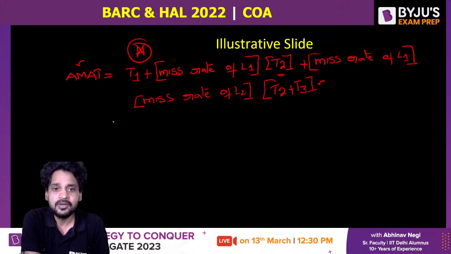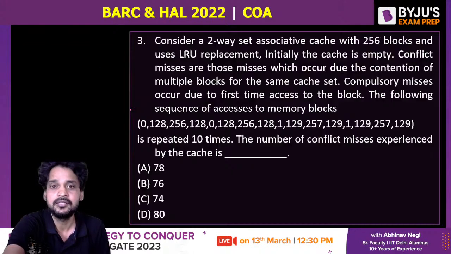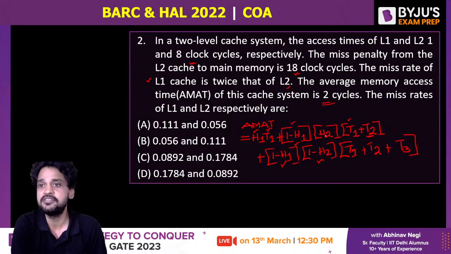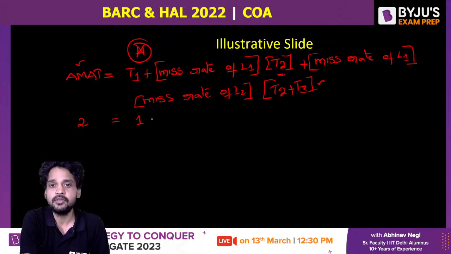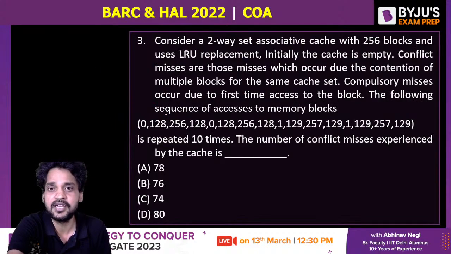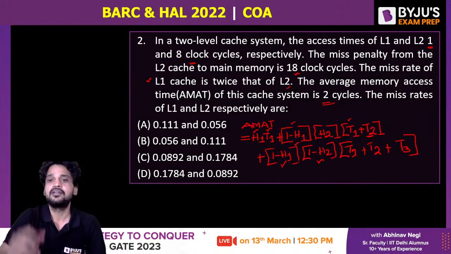So now calculating this will be very simple. Average memory access time is given as 2. Now what is T1? Let me go and check. T1 is access time. T1 is 1, right? T1 is 1 plus what is the miss rate of L1? The miss rate of L1 and L2 are given with a relationship.